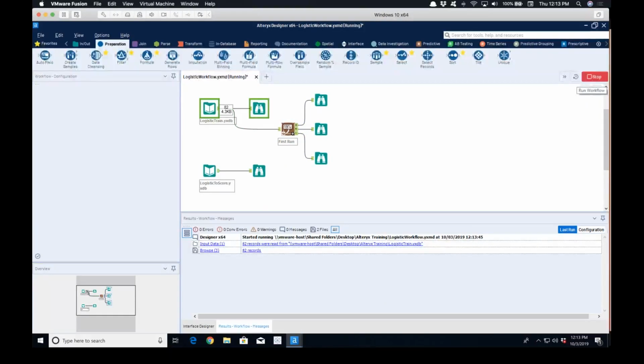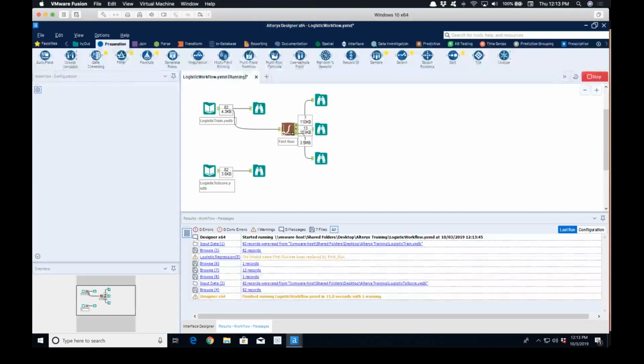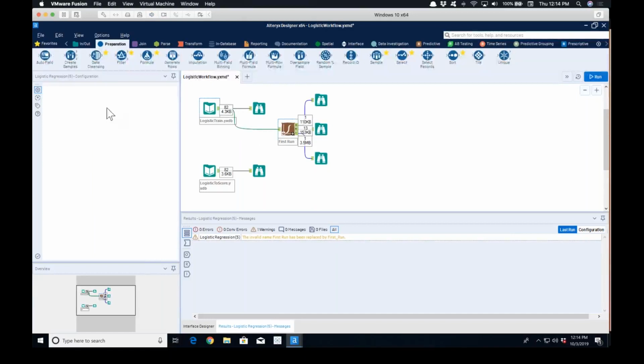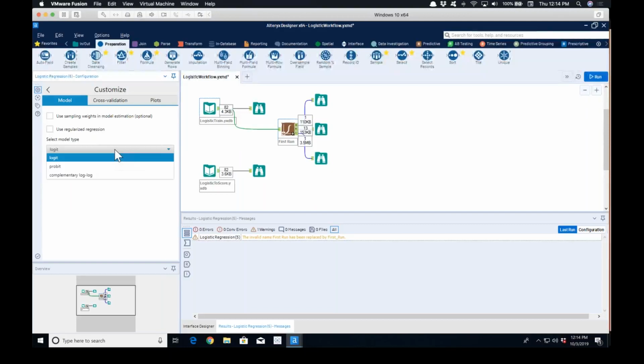And so now here's some things we need to say about Alteryx. And again, this is a little bit complicated, but need to say it anyway. When we set up the model, we set it up in such a way that we're actually using what's called a Logit model. Now, there's other types of models. We can use Probit or complementary log-log.